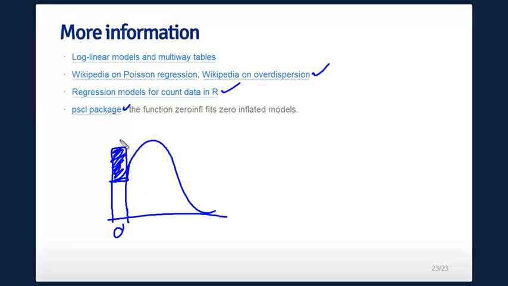You might think this could happen if you have a lot more zero counts early on than you would expect. This is called zero inflation, and there's a fun set of models called ZIP models, zero inflated Poisson models, that you can use.